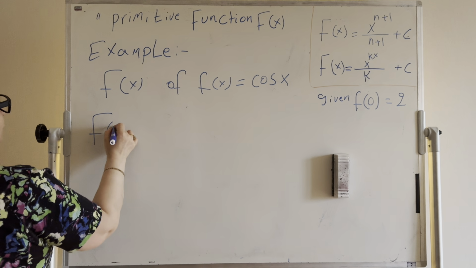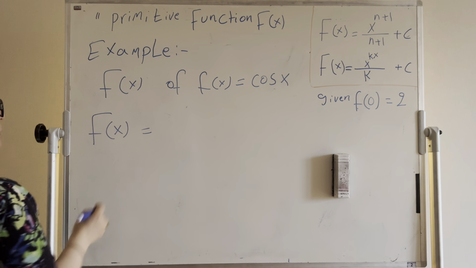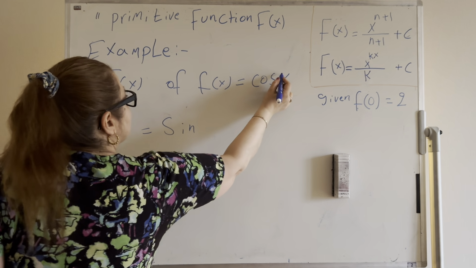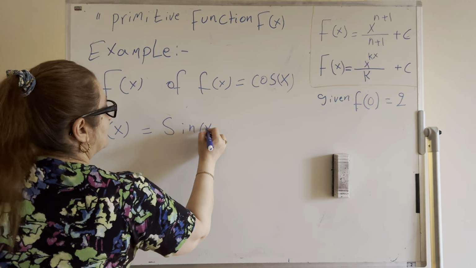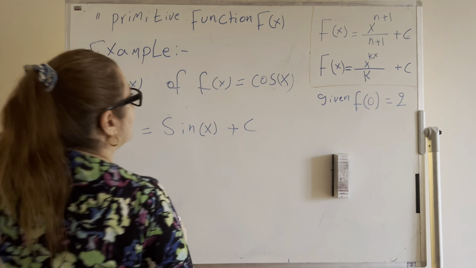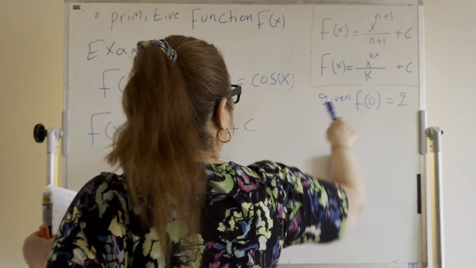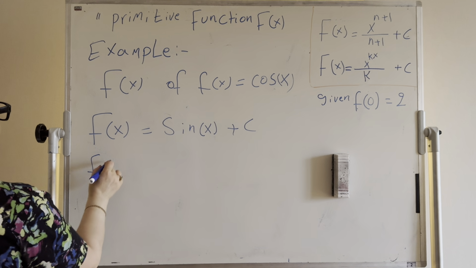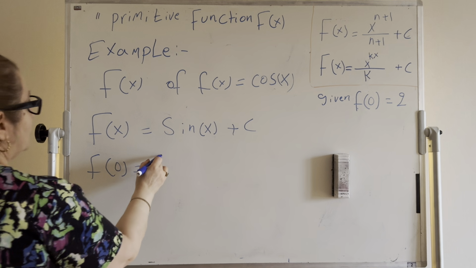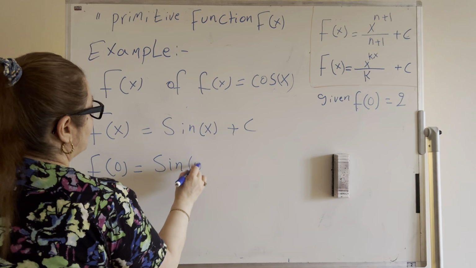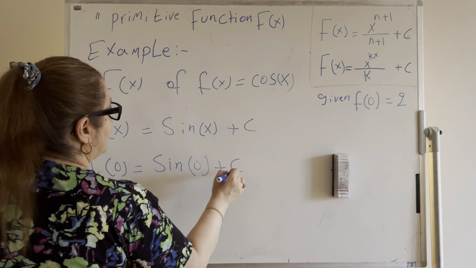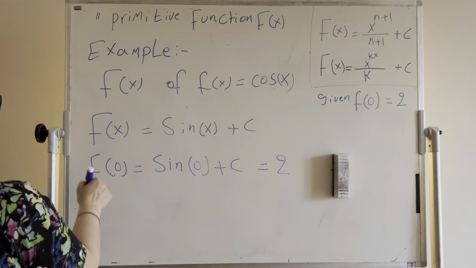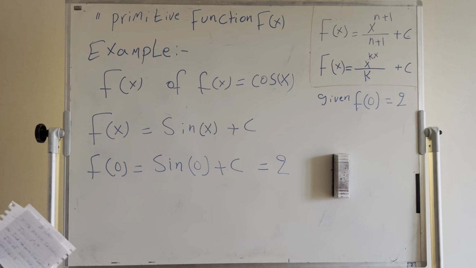The primitive function of cosine will be sine x plus c. Now I will use my condition. I know x equals 0, sine 0 plus c, the constant, equals 2, because y equals 2 when x equals 0.